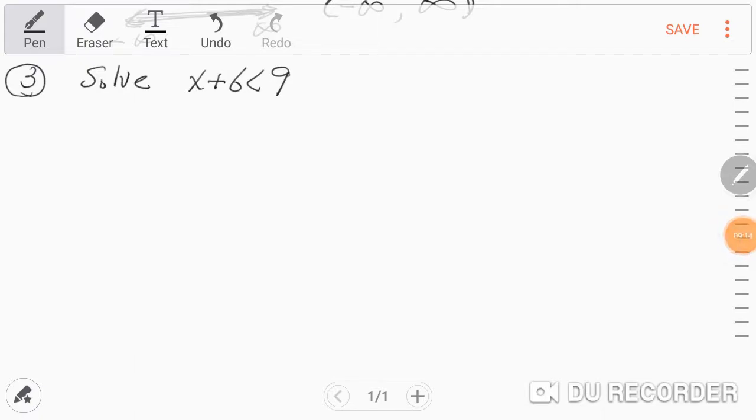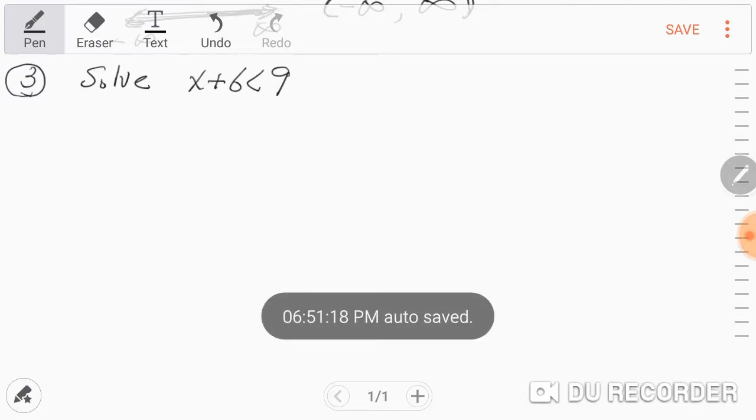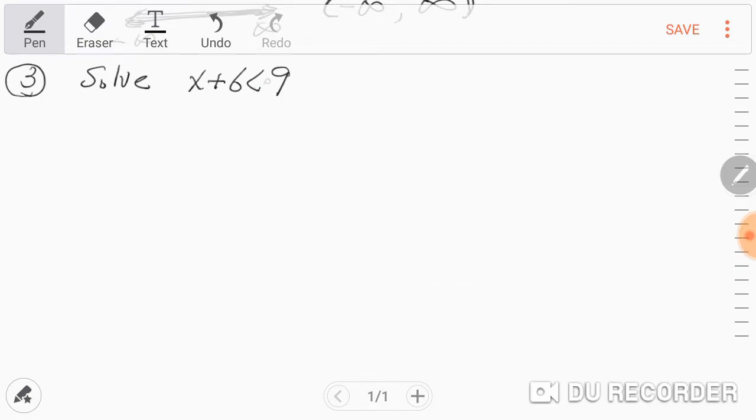Okay, now solve the inequality. When you solve an inequality, the solution is always an interval. If it's an equation, then the solution is one of three types: exact solution, no solution, or infinitely many solutions. But when you solve an inequality, the solution is always an interval. It may not have a solution, but keep in mind that the solutions can be written as an interval.